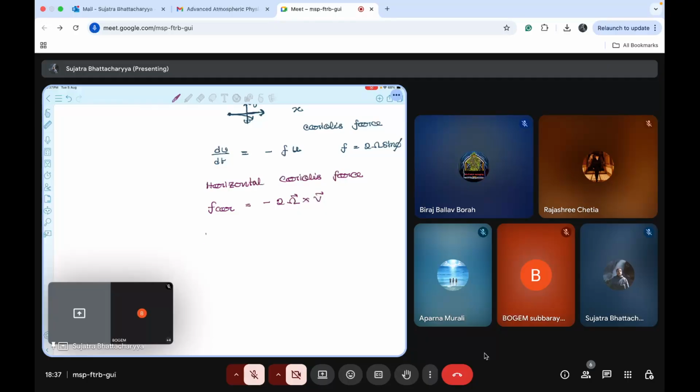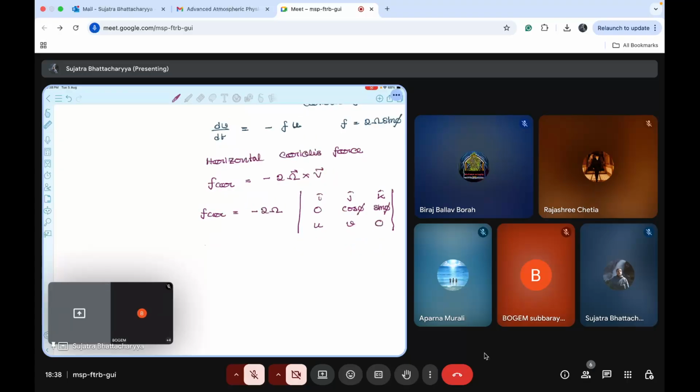So the Coriolis force is minus 2 omega cross V, and as I have shown in the last session, omega has two components: cos phi in the j hat direction and sin phi in the k hat direction, only in the northern hemisphere. So we are talking about the northern hemisphere. And you have u, v, w. I will make w zero because it's horizontal.